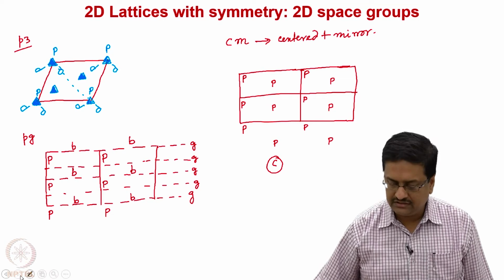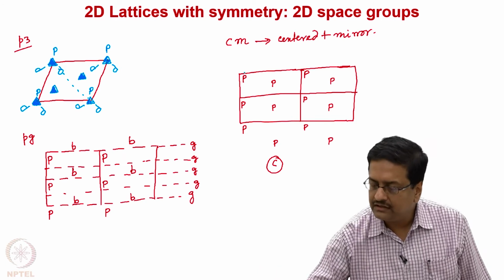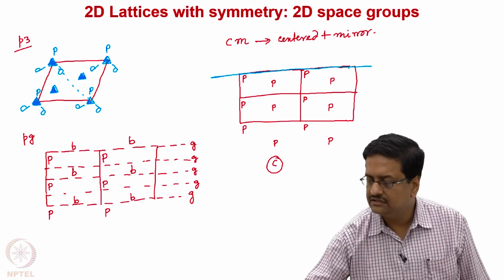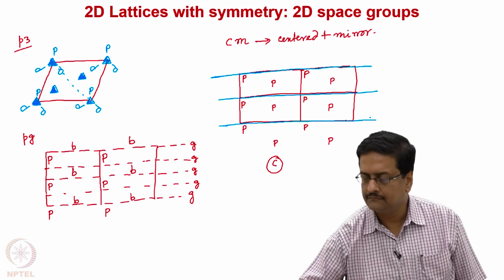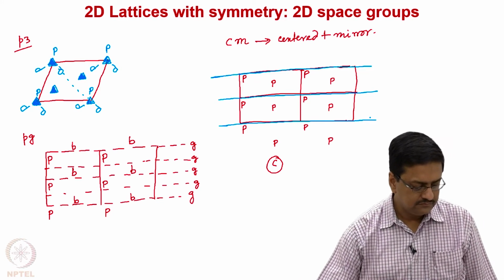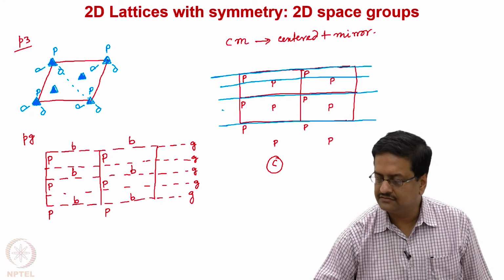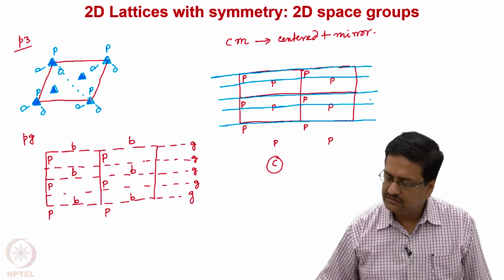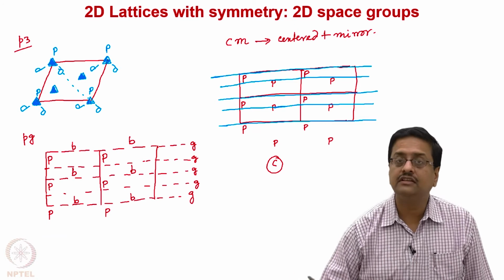So now, as I said, there is a mirror plane and this mirror plane is a transverse mirror. So we take that mirror along the edge. This is my transverse mirror. And this transverse mirror is further present in the middle of the lattice, like this. So now with the transverse mirror, we try to apply the mirror symmetry on these points.